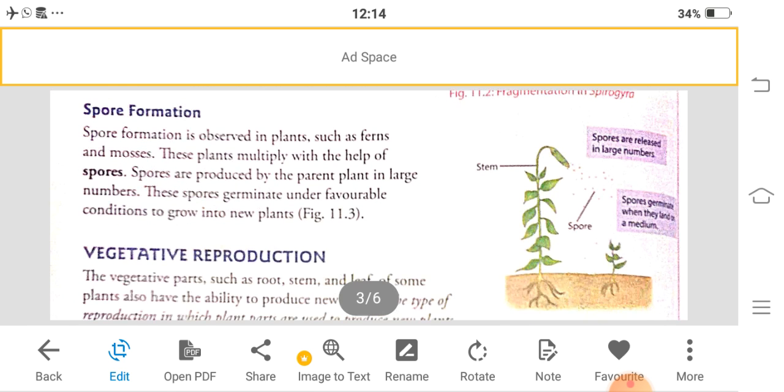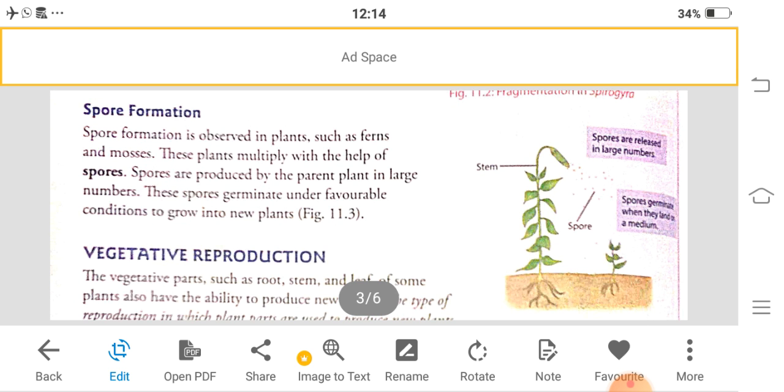Spore formation. This type of asexual reproduction is generally found in ferns and mosses, and these plants multiply with the help of spores. Spores means tiny cells.